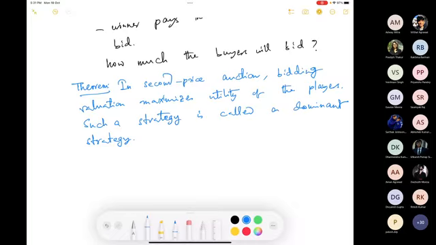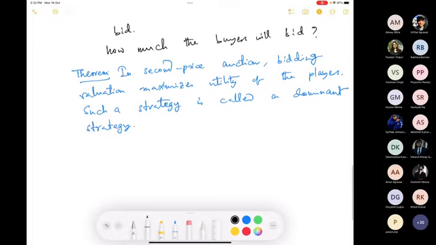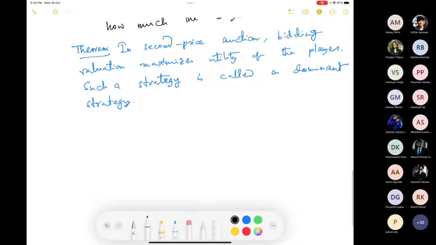So for example, one strategy could be that you bid half of your valuation or something like that. You can think of various kinds of crazy strategies, and this particular strategy dominates all other strategies, in the sense that if you follow this strategy, your utility will be maximum possible. Question on the statement of the theorem. Is the statement of the theorem clear?